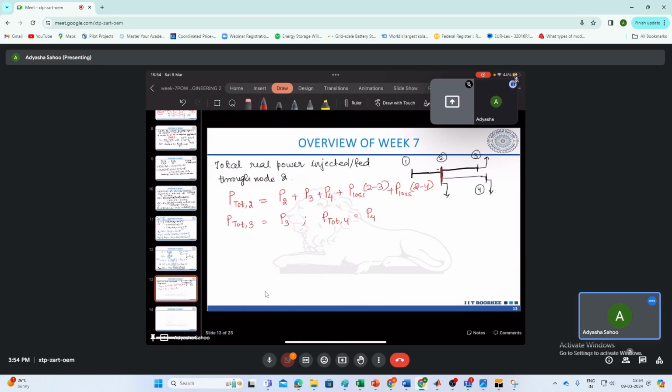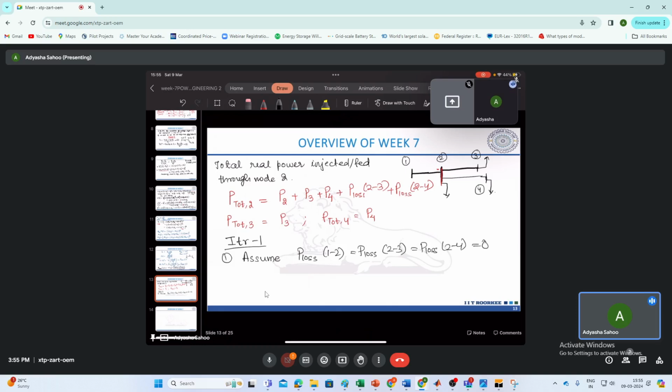Now let's say this concept we'll use. For computing the first iteration, iteration 1, we assume that the losses are 0 in these lines. So we assume P loss in 1 2 equal to P loss in 2 3 equal to P loss in 2 4 is 0.